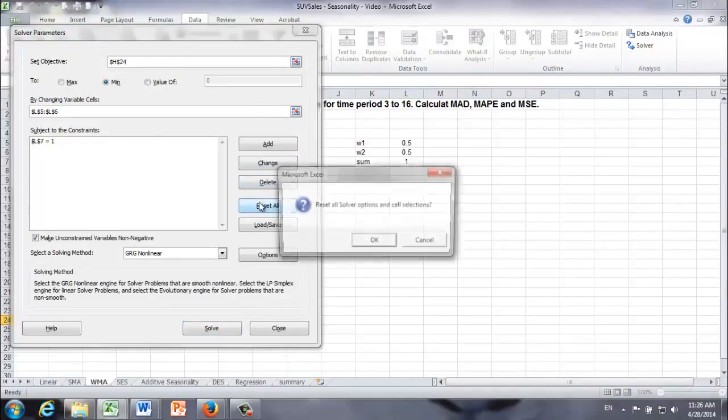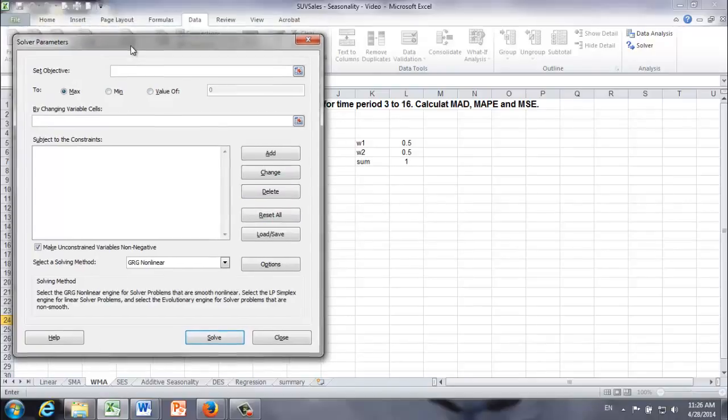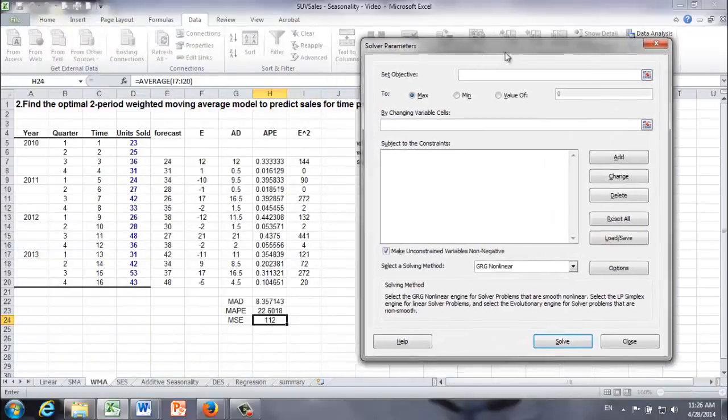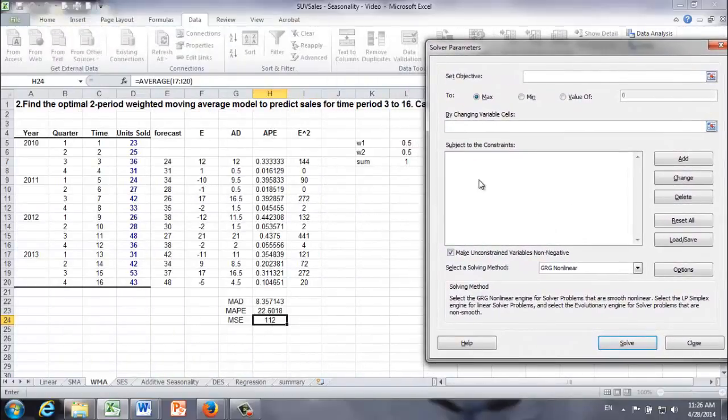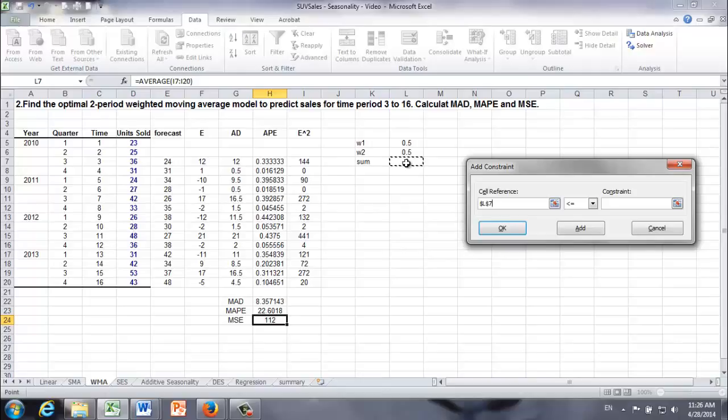Let's reset all. Our objective is MSE in cell H24. We would like to minimize it by changing our W1 and W2. The constraint is that the sum of the weights has to be equal to 1.